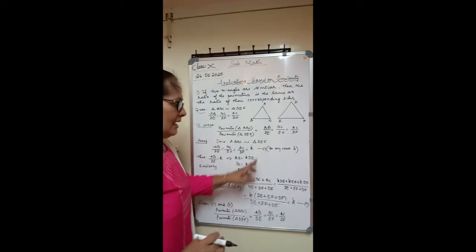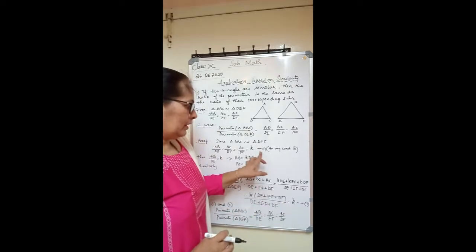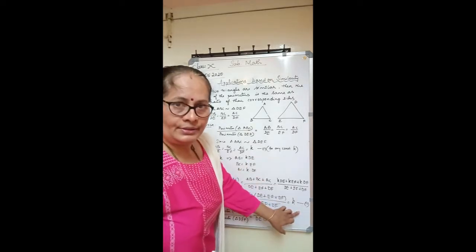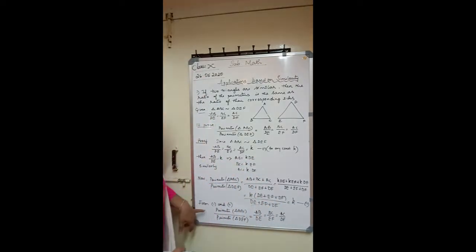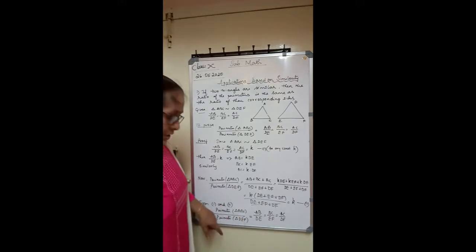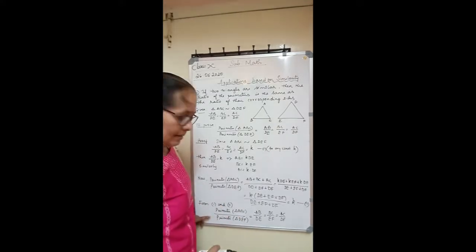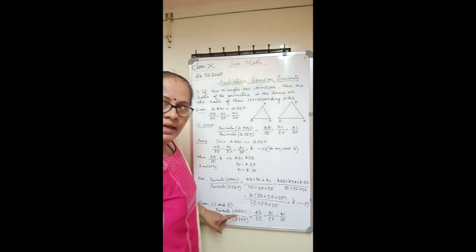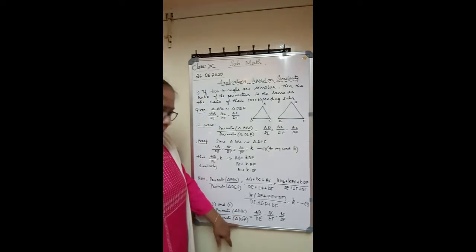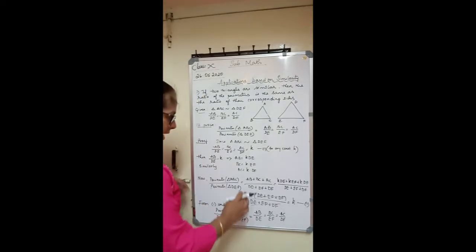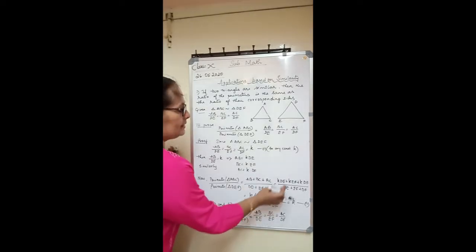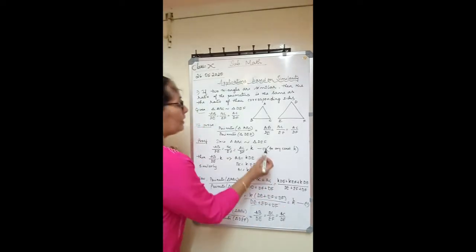Now, compare equation 1 and 2. From equations 1 and 2, the ratio of the perimeters, that is perimeter of triangle ABC by perimeter of triangle DEF is equal to AB by DE, which is equal to K. What is K?